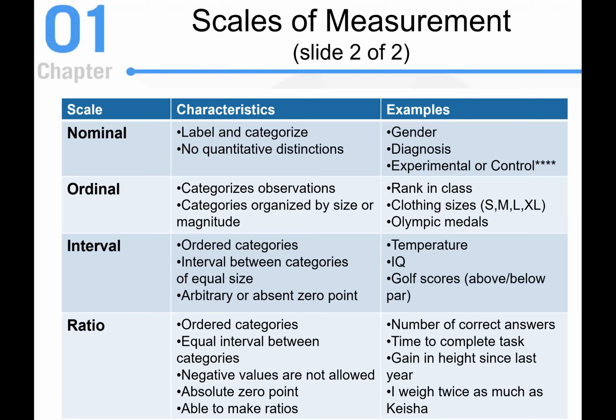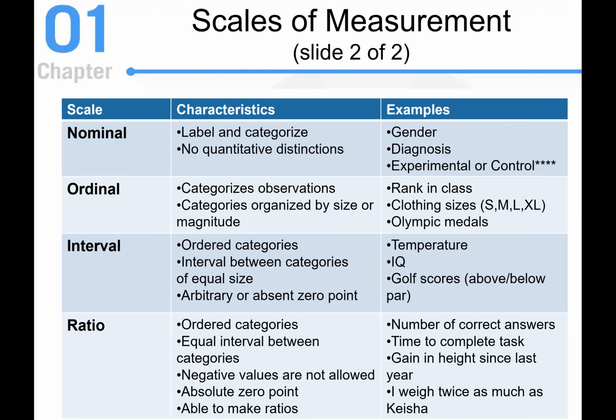All right. The third important point to note about interval is that they have an arbitrary or absent 0 point. So wherever the 0 lies is usually just arbitrary. Some examples of this is temperature, in a very specific way. The example I'll give you is temperature in Fahrenheit or Celsius.